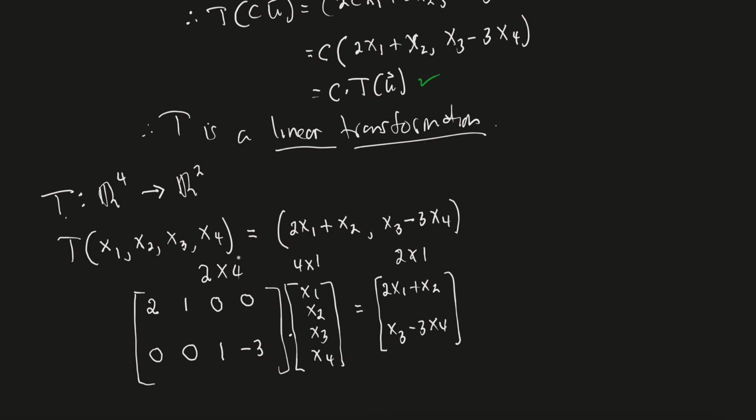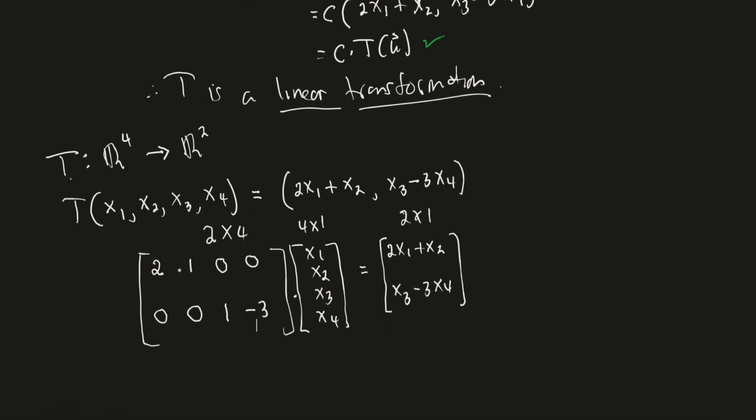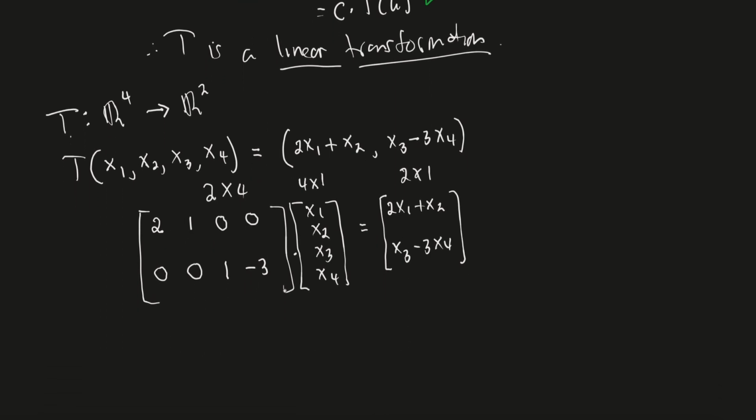And this is kind of interesting because I'm going from R4 to R2, but my matrix is a 2 by 4. It's like they get switched, right? And that's because I need to have the same number of columns here as rows here. So the rows are stated first here, but then the columns are stated second over here. So this particular matrix is referred to as the standard matrix of this linear transformation.